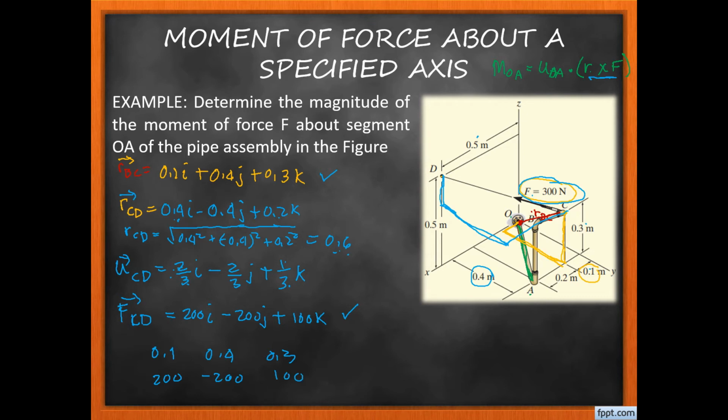Okay, so kunin natin yung determinant ng matrix natin. Kung tatakpan natin yung x, meron tayong 0.4 times 100, so this is our BC cross FCD, is equals to 0.4 times 100, that is equals to 40, minus 0.3 times 200, that is equals to negative 60, kasi negative 200, negative 60.